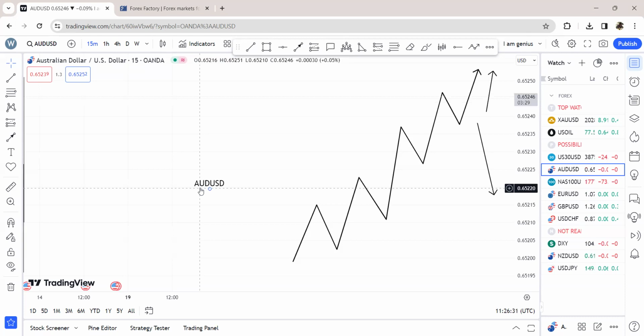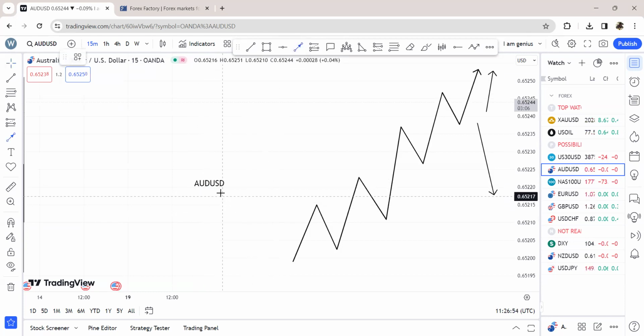If that news release is negative, we expect Australian dollar and any other pair that it has been attached with to be going down. If it's positive, we expect it to be going upwards. It moves in direct proportion to the news release itself.